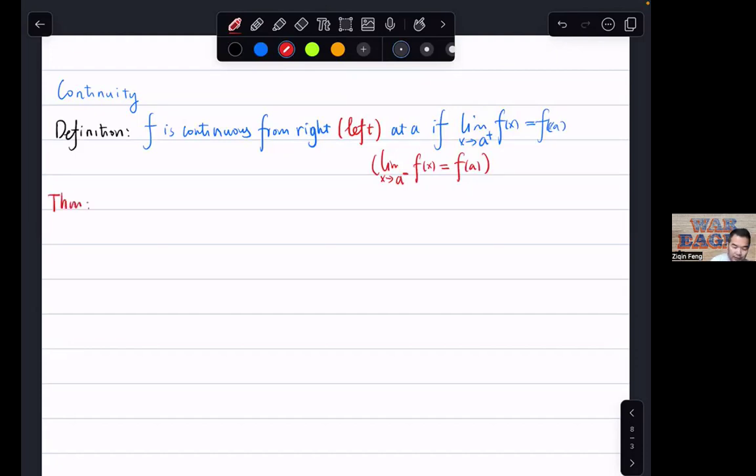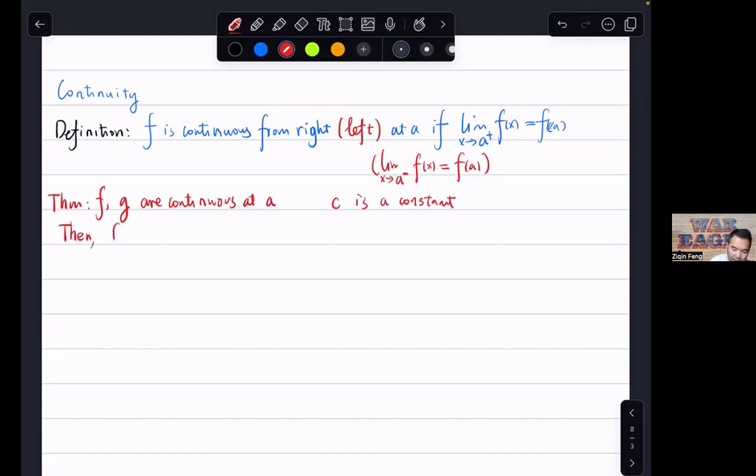Theorem: if you have f and g here, this is our assumption, both of these functions are continuous at a, and c here is a constant, a number. Then we can get lots of new functions.